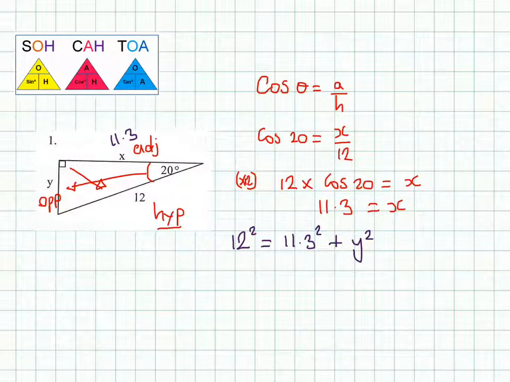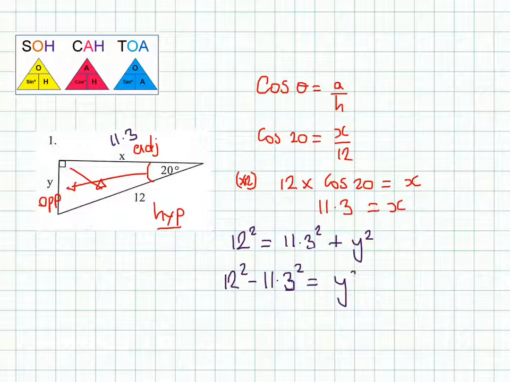Because when you're doing this, you need to be versatile, being able to switch between trig ratios and Pythagoras. So anyway, I want to get y, so this 11.3 squared will need to go. So I will end up with 12 squared, take away 11.3 squared is equal to y squared.